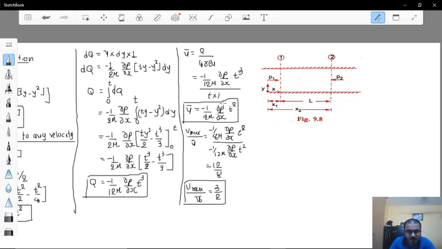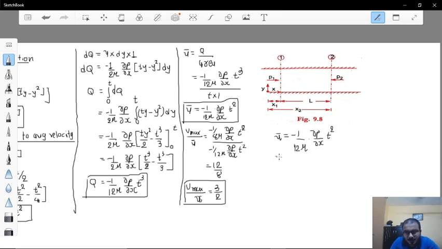So U bar we have already, that is U bar is equal to minus 1 upon 12 mu del P over del X T square.